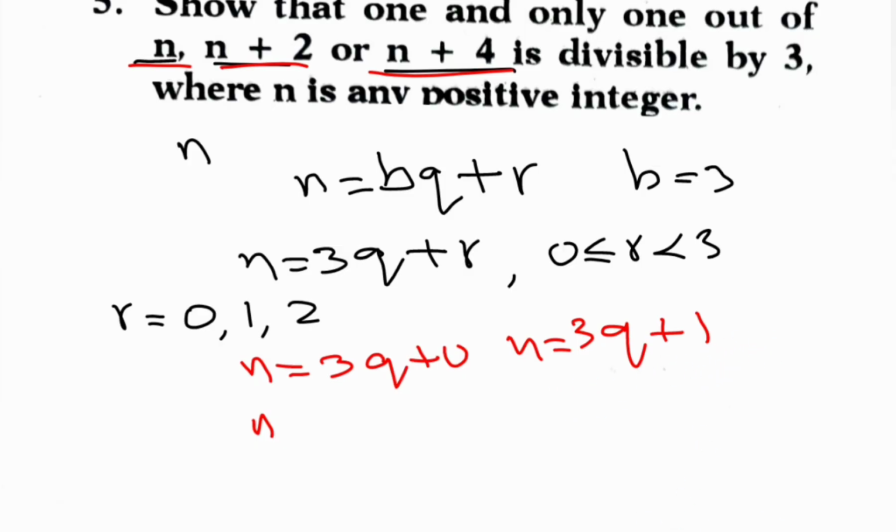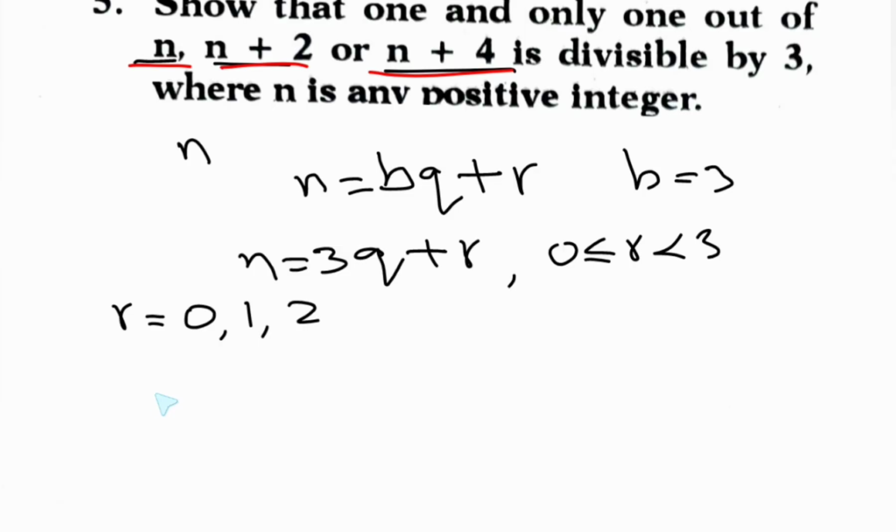So n is equal to 3q plus 0, that means n equals 3q.